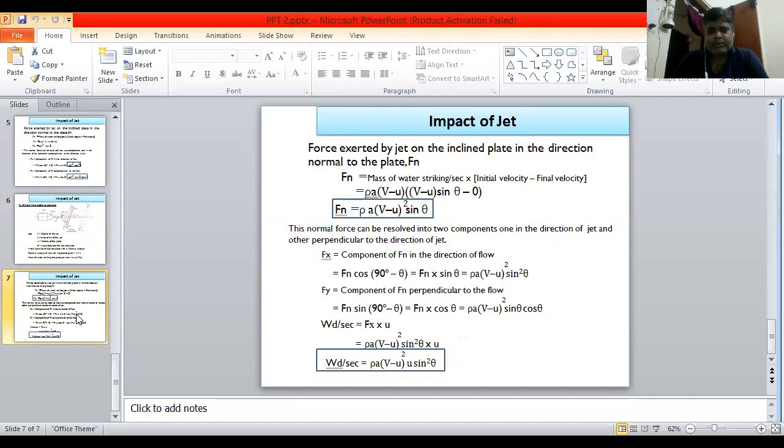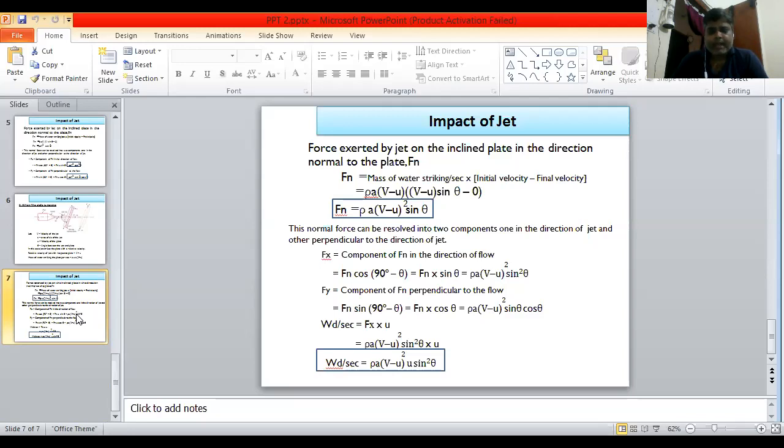Finally, Fn is equal to rho a (v minus u) squared sin theta. This normal force can be resolved into two components, one in the direction of the jet and the other perpendicular to the direction of the jet. That is Fx is equal to Fn cos (90 minus theta), which is equal to Fn sin theta, which is equal to rho a (v minus u) squared sin squared theta.